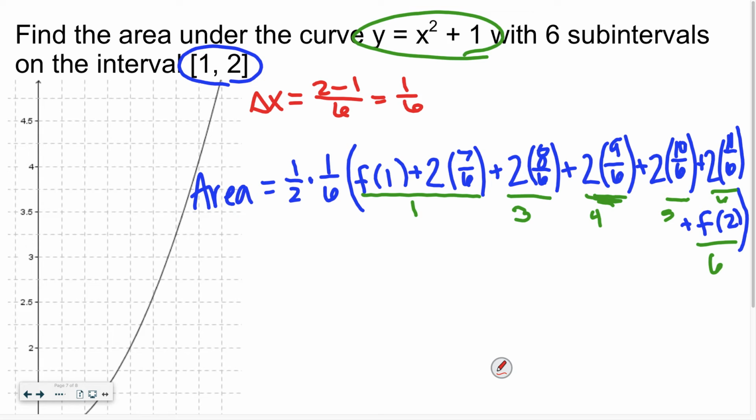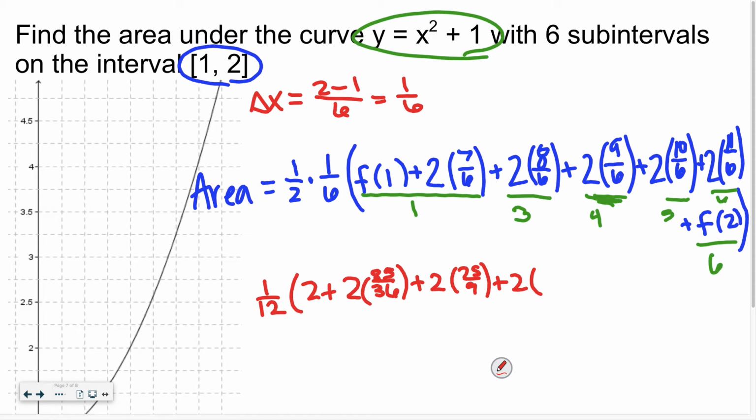Okay, so we have 1/12 times, what is f of 1? 2. And then f of 7/6. 36. Okay. f of 8/6. f of 9/6.